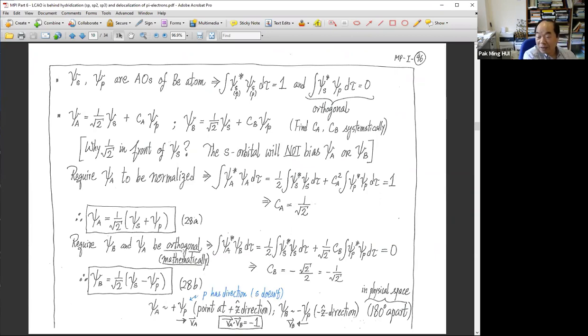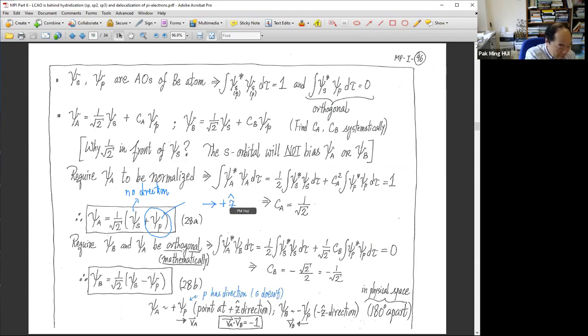The lazy way is the following, but I like the lazy way. There is a complicated way to look at the charge distribution, but the lazy way is that s, no direction, is a ball. But you see a pz. So this is like a unit vector pointing at plus z.